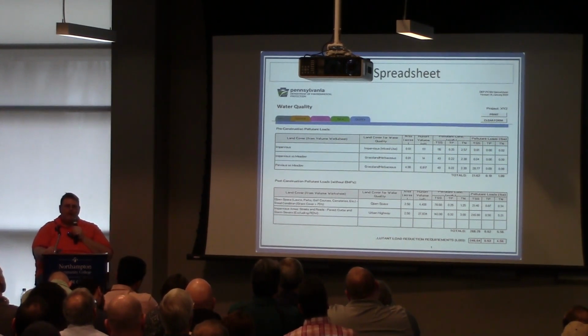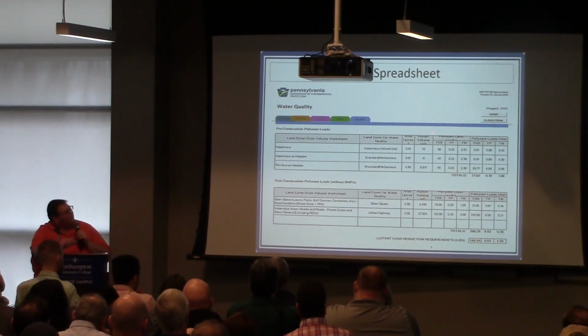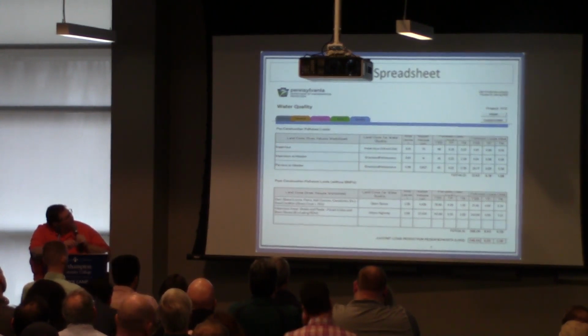If you think back to worksheets 12 and 13, you had to identify different pollutant loads by different cover types because every cover type has a slightly different pollutant loading. So that's why it's broken out.